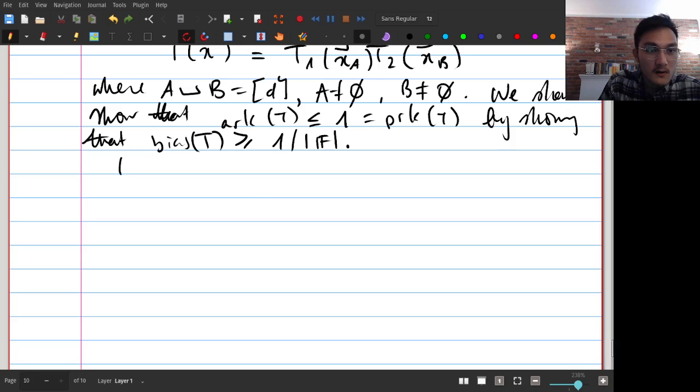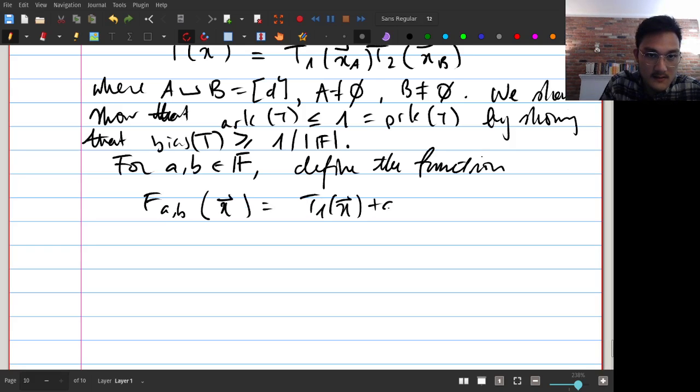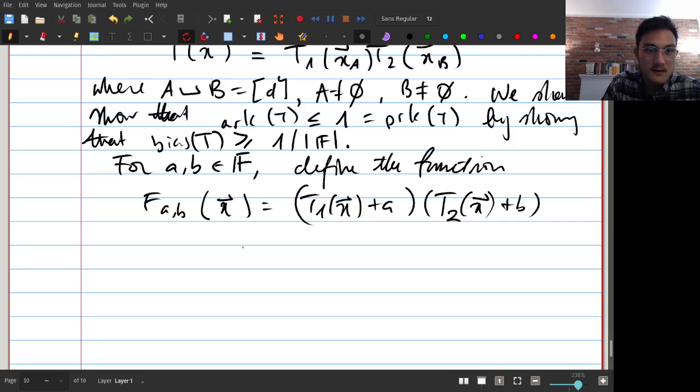So for a, b in F, define this function f_ab of x to be t1 of x_A plus a, t2 of x_B plus b.